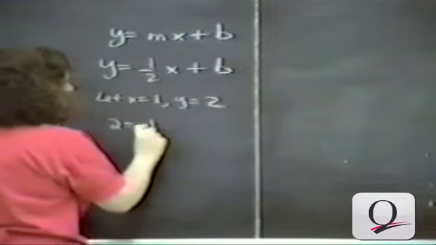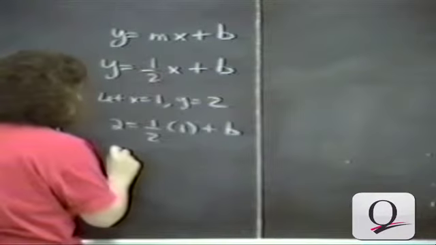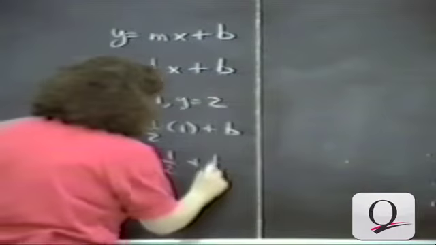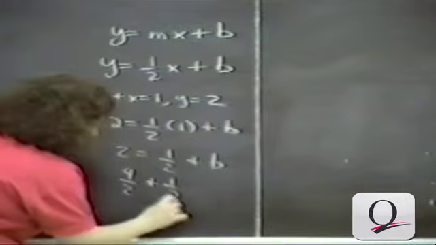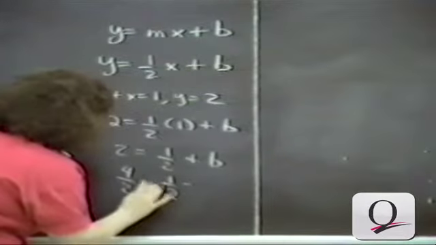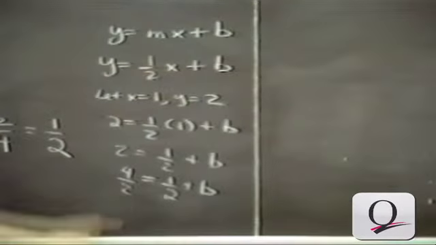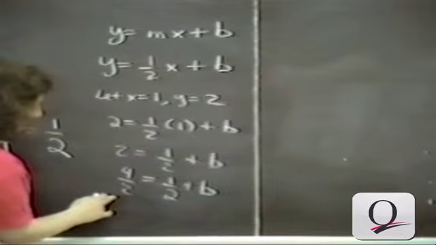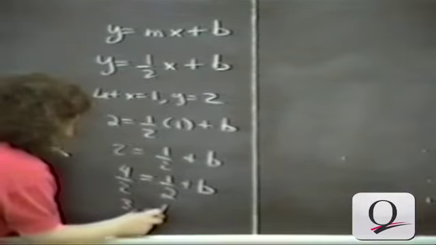So 2 is 1/2 times 1 plus b. 2 is equal to 1/2 plus b. 2 is really 4/2. 4 halves is equal to 1 half plus b, and subtracting 1 half from both sides, 3 halves equals b.